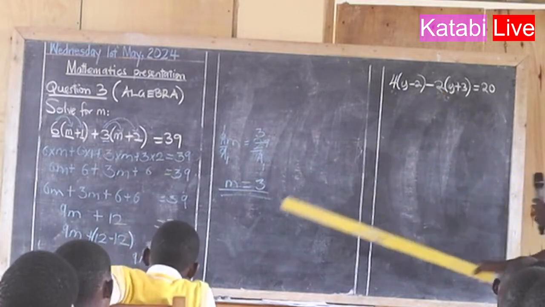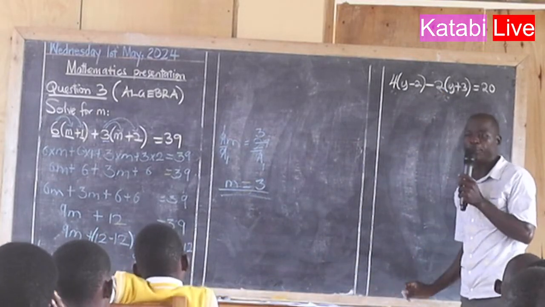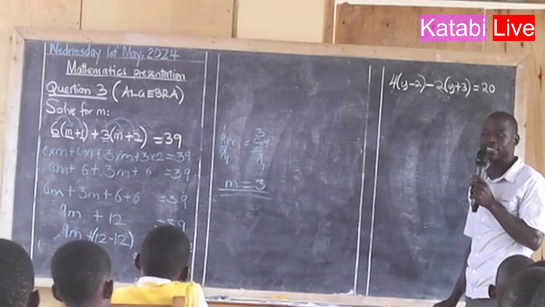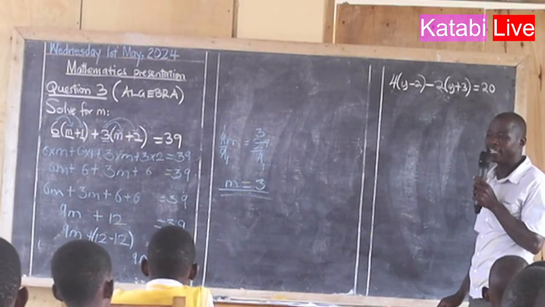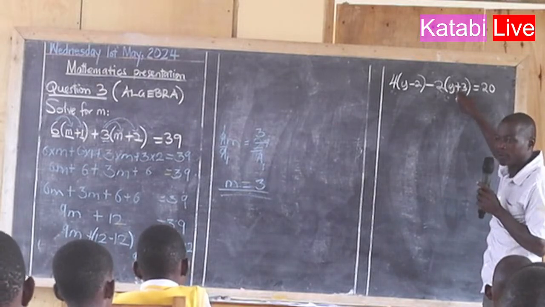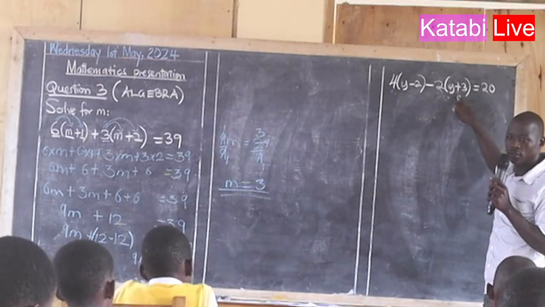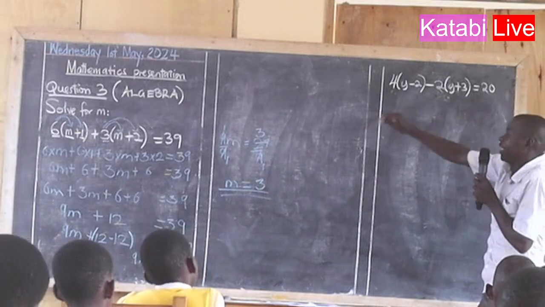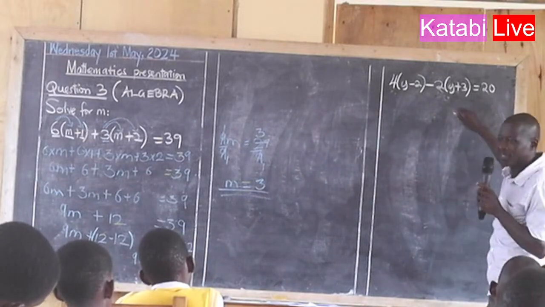That means if the operation before a bracket is negative, then the operation inside the following bracket must change. There nothing changed, but here something must change.